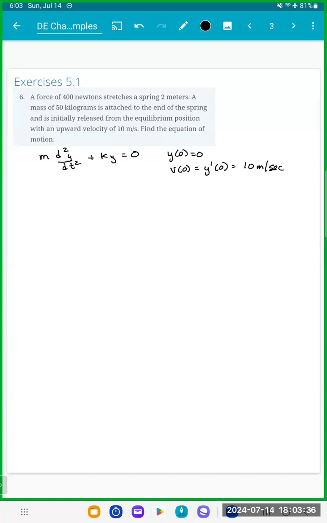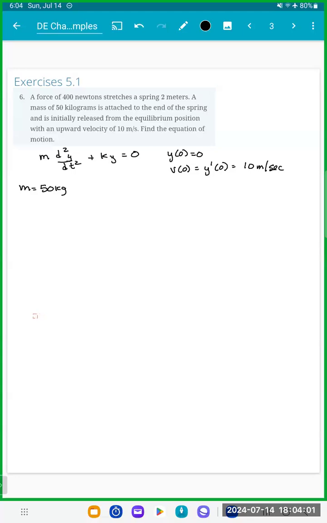We were given that the mass is 50 kilograms. And we have that 400 newtons stretches the spring 2 meters. Therefore, we have that as well.